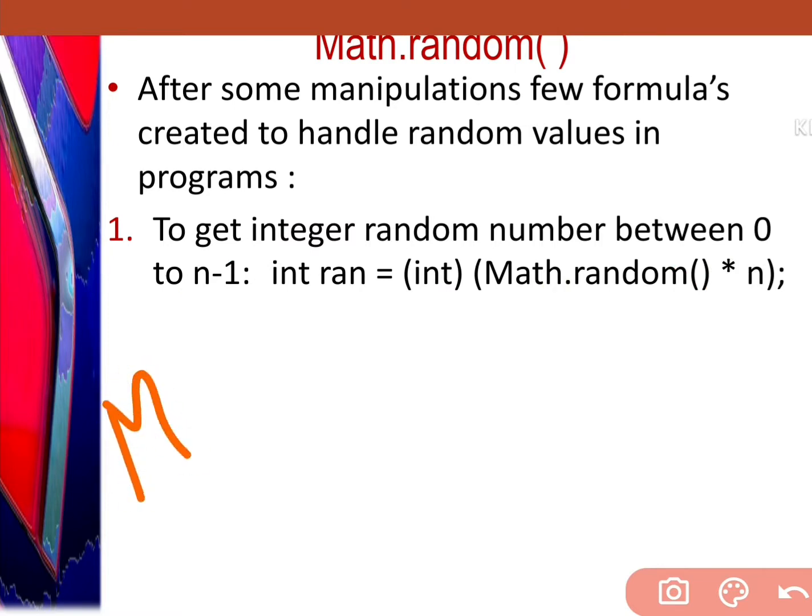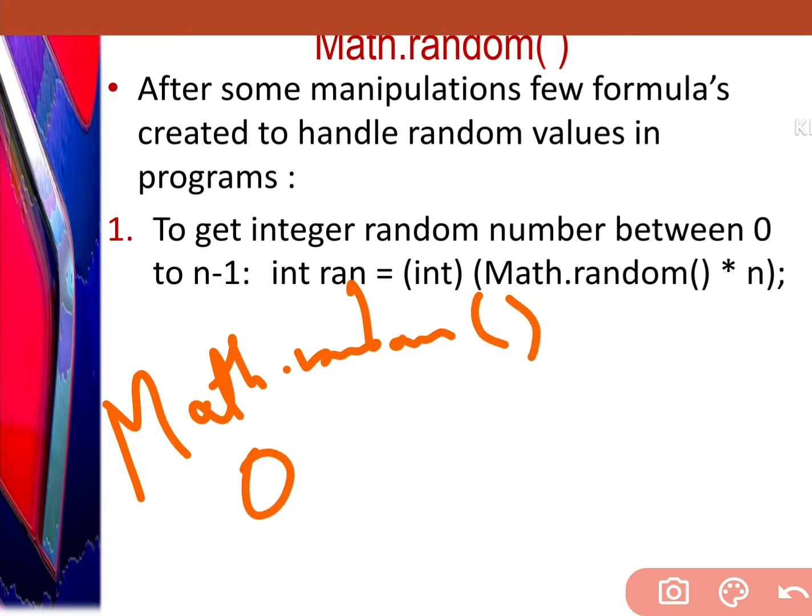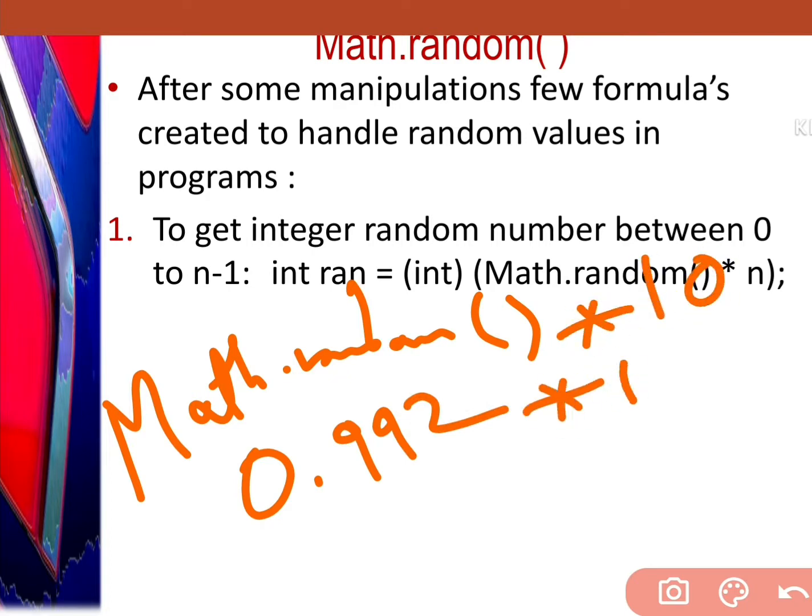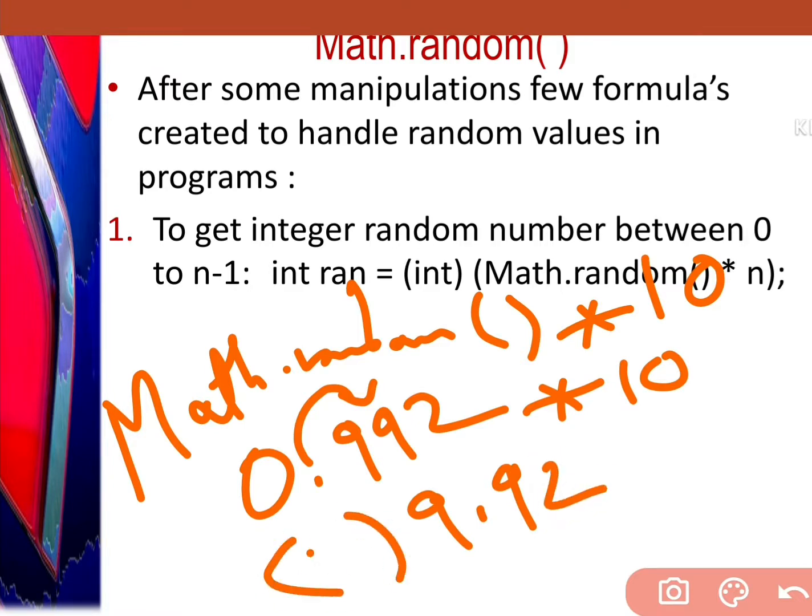And if math.random provides us the value 0.992 and we multiply it with 10, what will happen? Think about it. Again the decimal moves and we get 9.92. Then we take the integer value from 9.92 and we get 9.